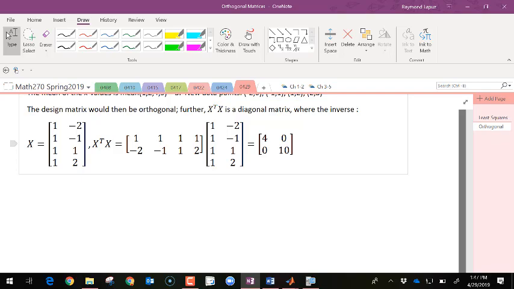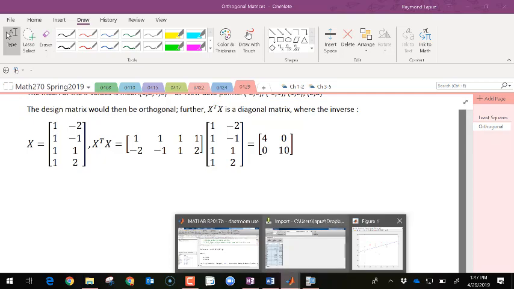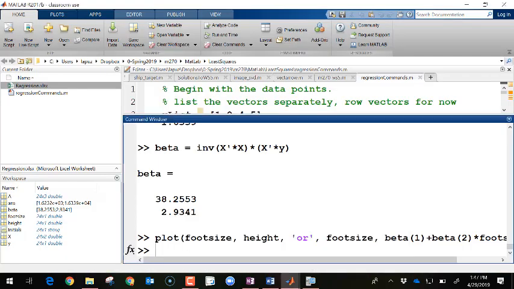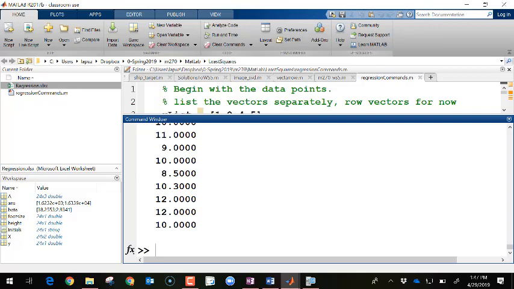So in fact, we can mess around with what we have here. I didn't plan for this, but let's see if we can work it out. We have our set of foot sizes, right? Let's take the average of the foot sizes.